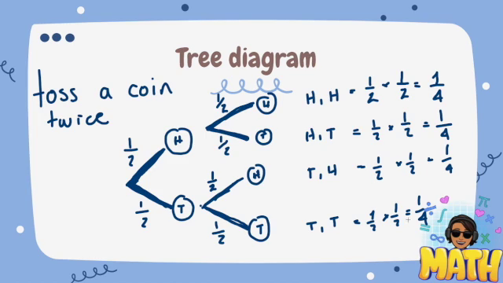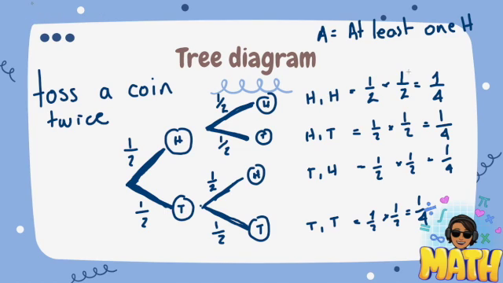So now let's say that we have an event of having at least one head, right? So we have to see when this occurs, that we have at least one head. That means that we can have one or two heads, but at least one.